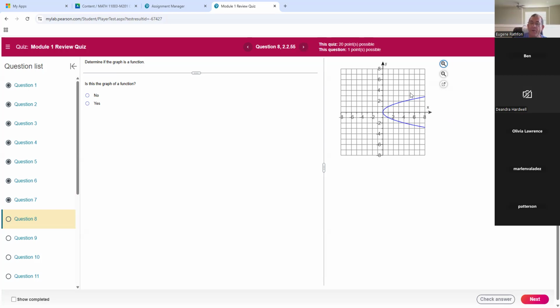So since the vertical line can intersect that graph more than once, it is no, not a function. Because y'all, that means these x's have a positive value they can choose or a negative. And the x's cannot have a choice, okay? So if that vertical line can intersect it more than once, you better put no, okay?